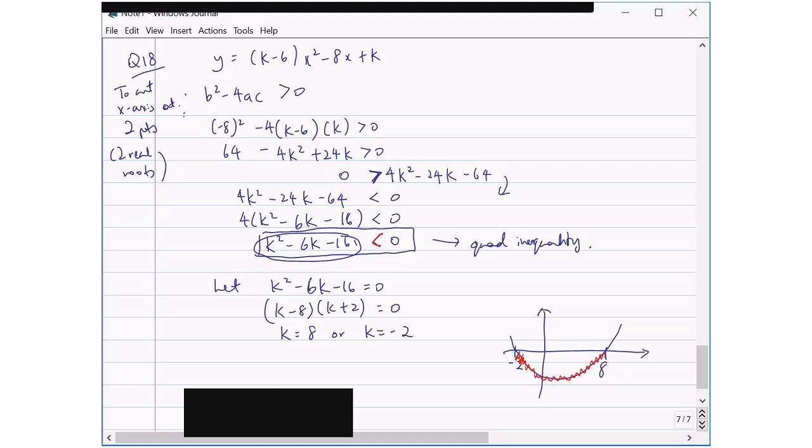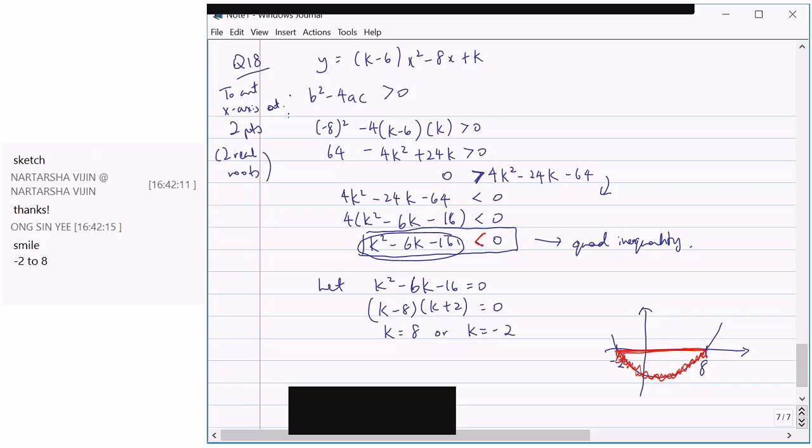Since I identified the red portion already, k must be between -2 and 8, right? This is the portion I'm interested in. So k must be between -2 and 8. Do I put the equal sign?